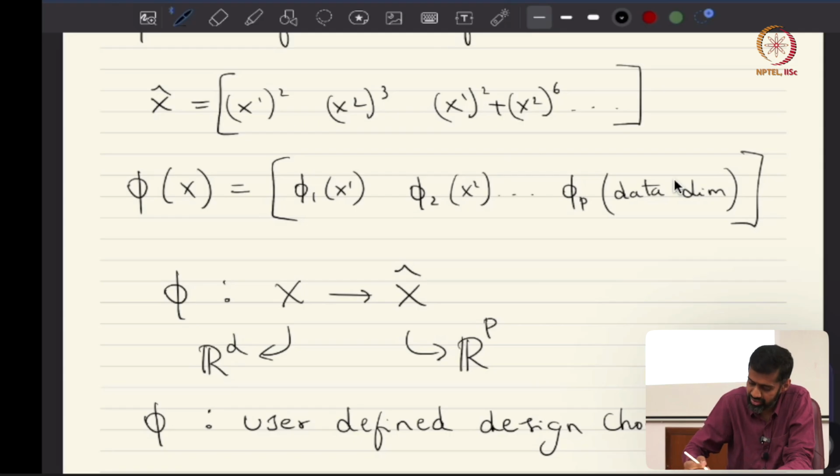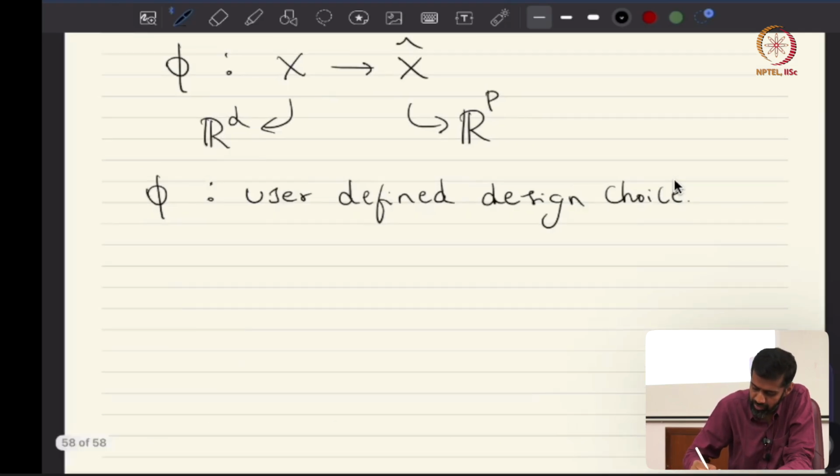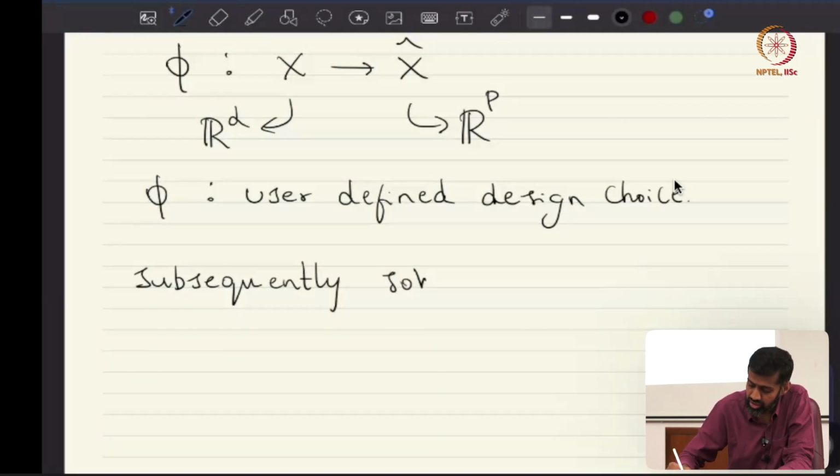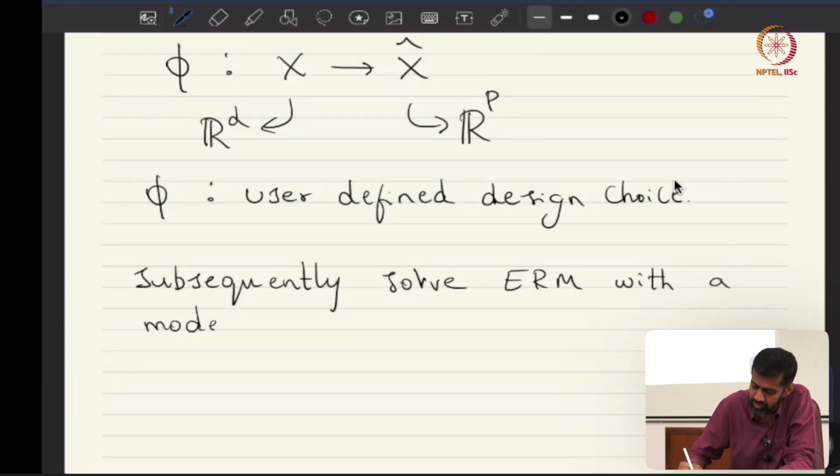So you define this and then subsequently solve ERM with a linear model, with a model linear in phi x space.